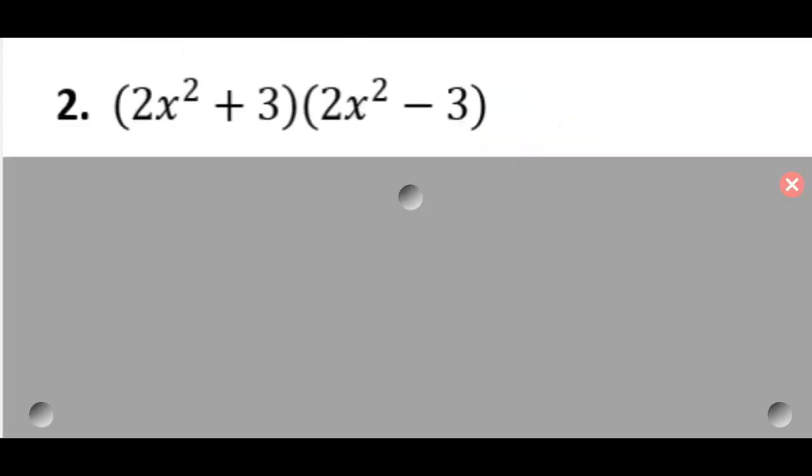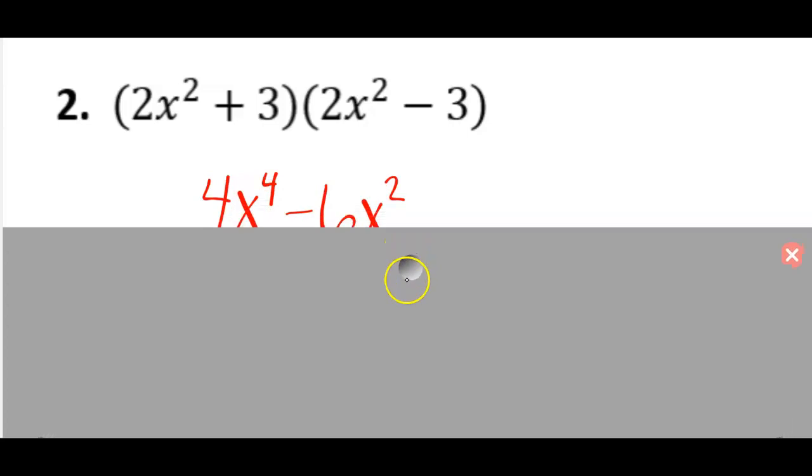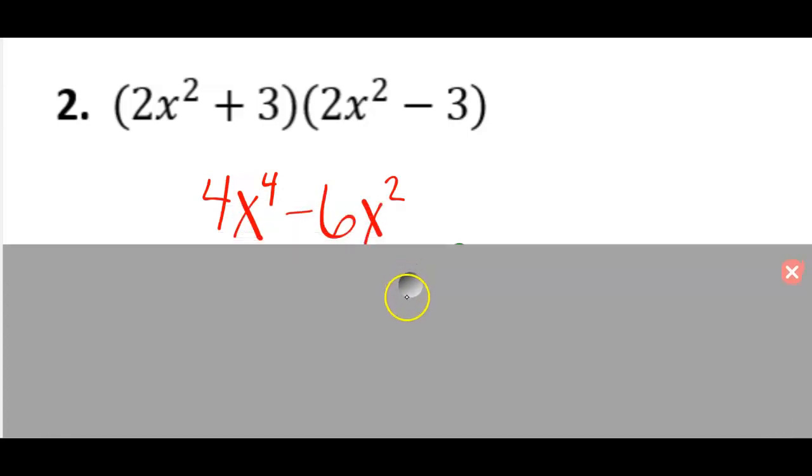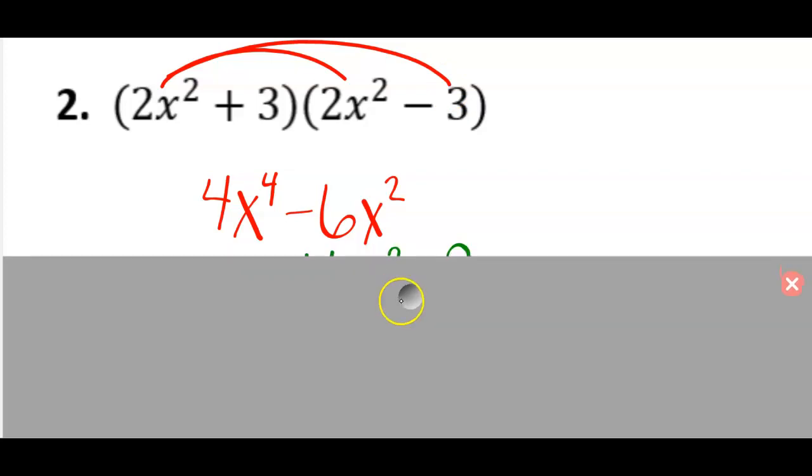So if I've got 2x squared plus 3 times 2x squared minus 3, when I distribute my first distribution, I get 4x to the fourth minus 6x squared. Correct? All right.